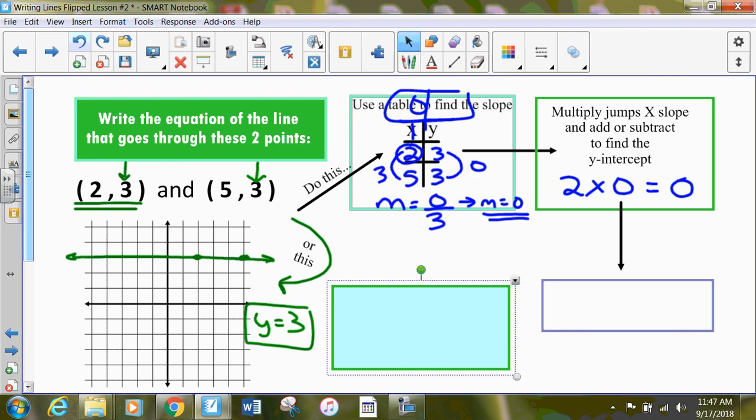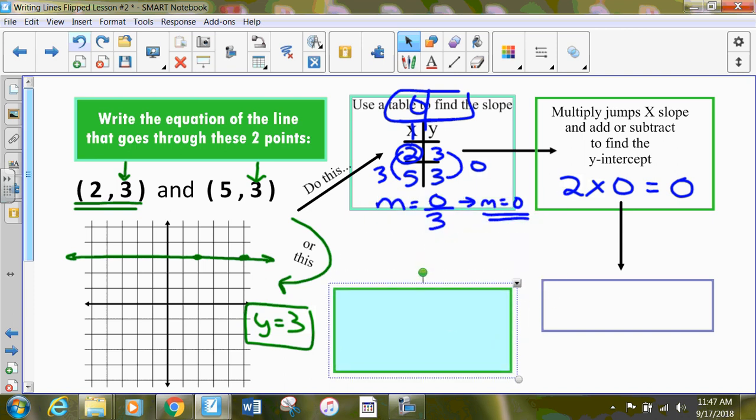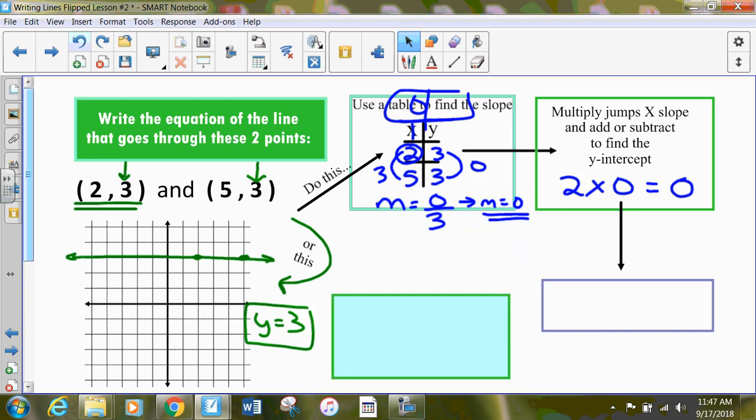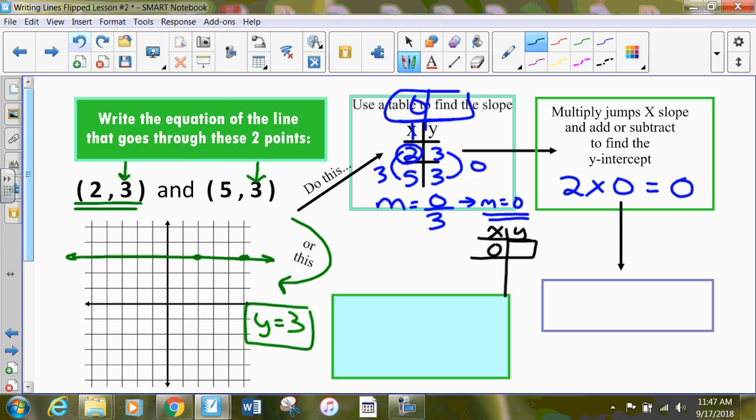Let's squeeze a little table in here so it can make sense. We've got our 0, that's the one we're going to be looking at. We've got 1, we don't know, but we know 2 is 3. So we're going to be subtracting 0 from 3. 3 minus 0, 3. Okay, so we see our y-intercept is 3.